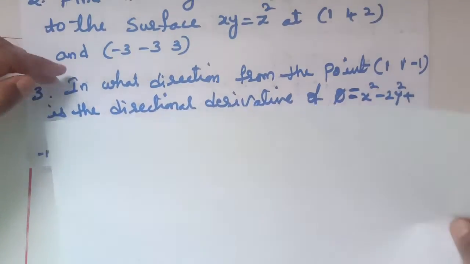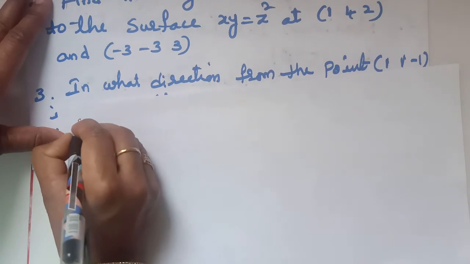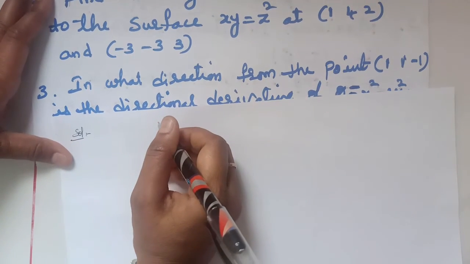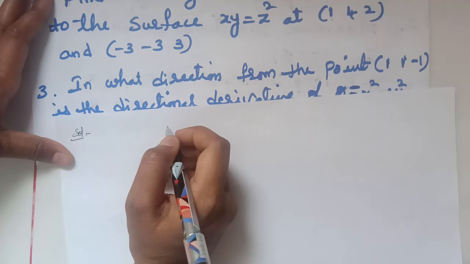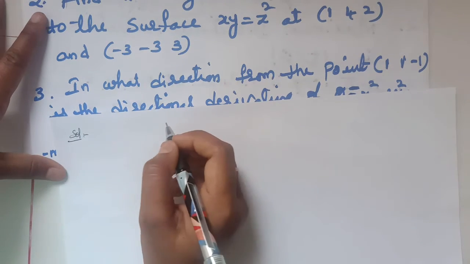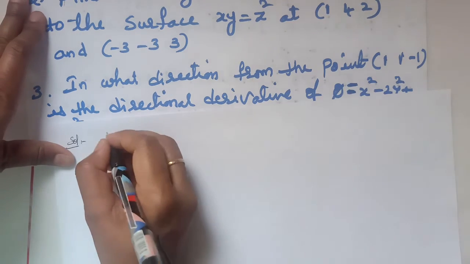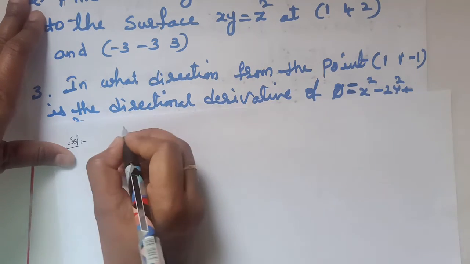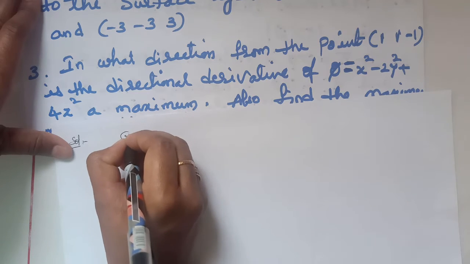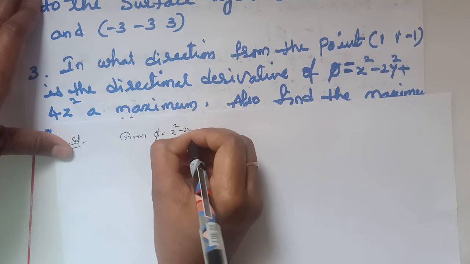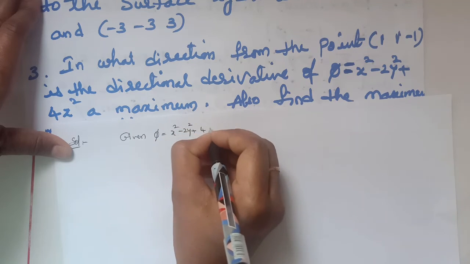Okay, to solve this problem we must use the second formula: the maximum value of a directional derivative is mod del phi. That formula you have to apply here. Formula number 2. What is given? Given phi is equal to x square minus 2y square plus 4z square.